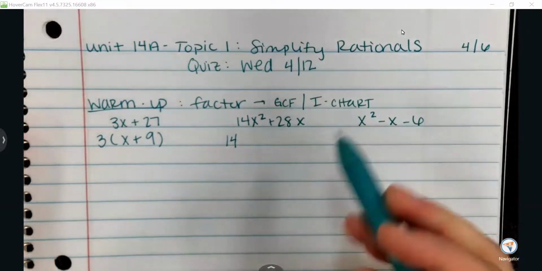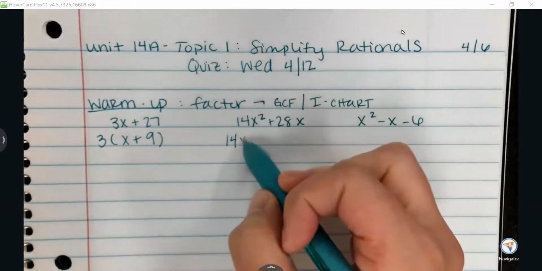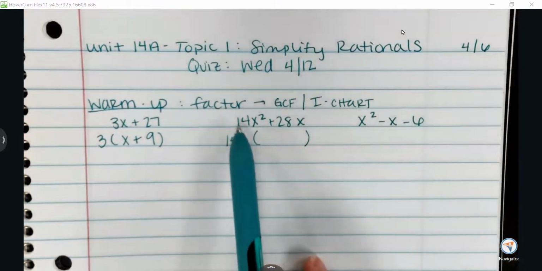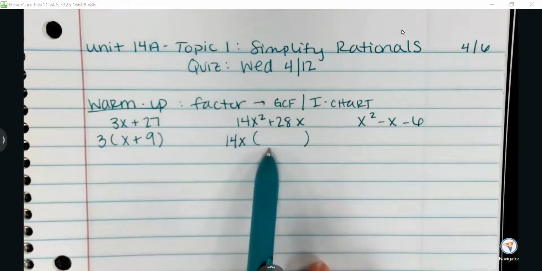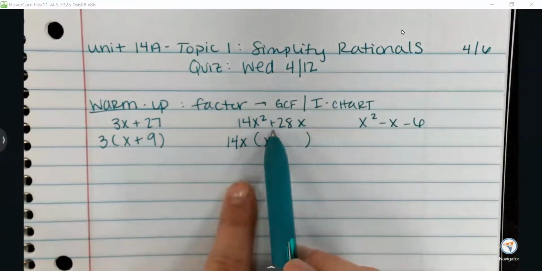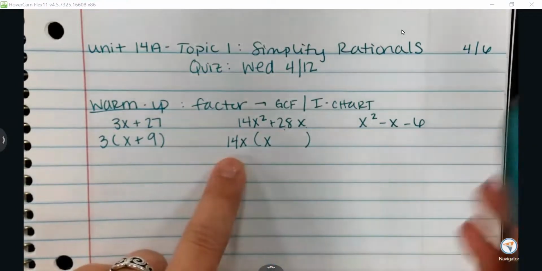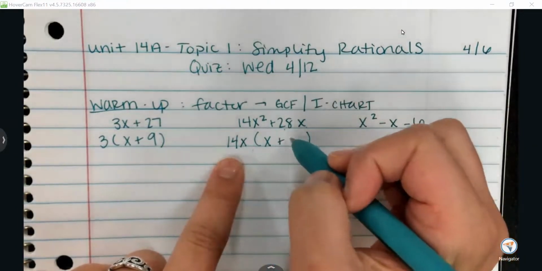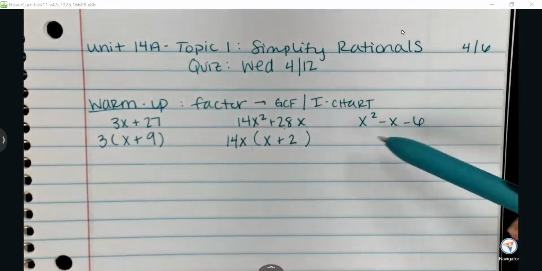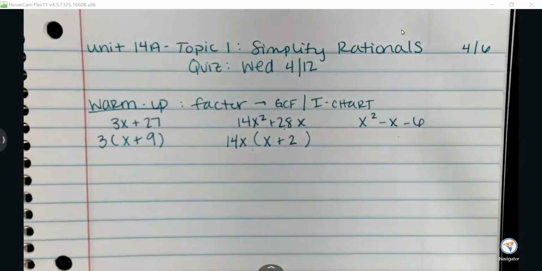What else do they have the same? X. So when I take a 14x out of 14x squared, what will be left over? X. What is 28x divided by 14x? Plus 2.